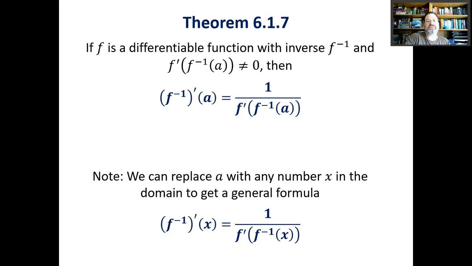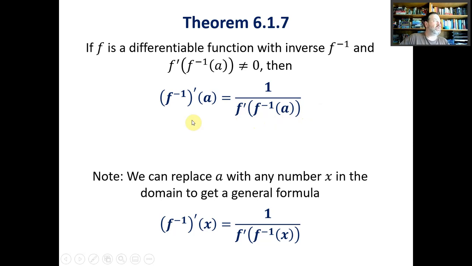So if f is differentiable with inverse f inverse, and the derivative is not 0, because you can't divide by 0, then the derivative of the inverse at a is 1 over the derivative of f evaluated at the inverse of a. So that's pretty interesting, right? Just think about it.